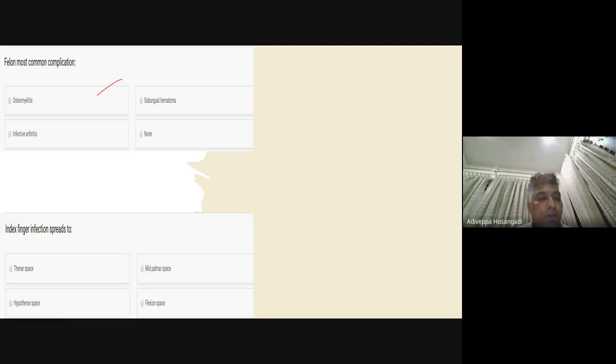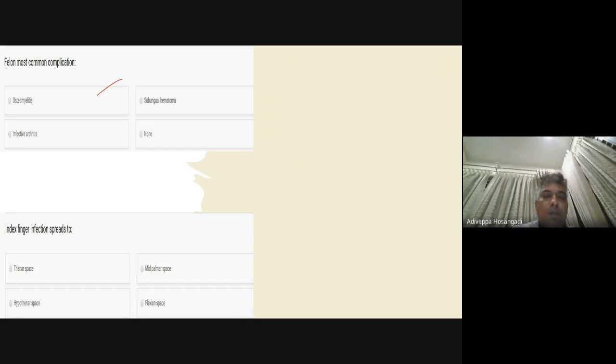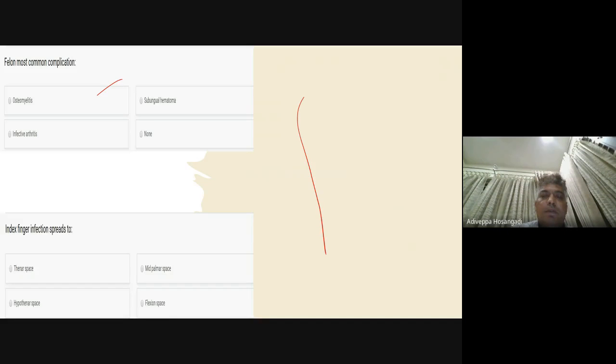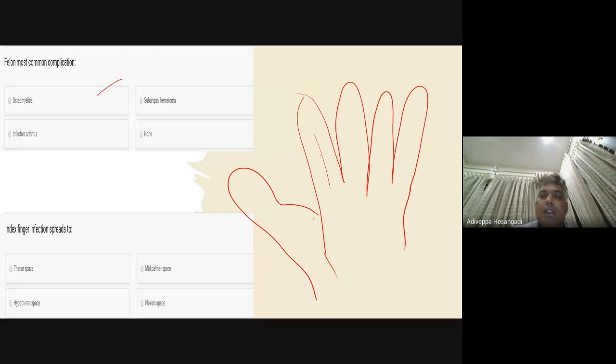So index finger infection spreads to... I was talking about the spaces. These are your flexor tendons, and this is ulnar bursa.